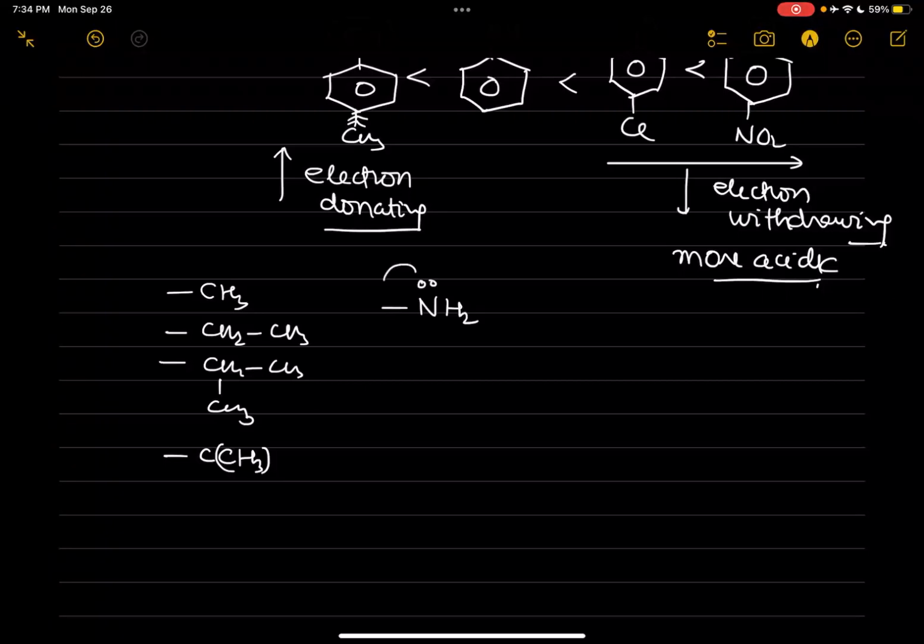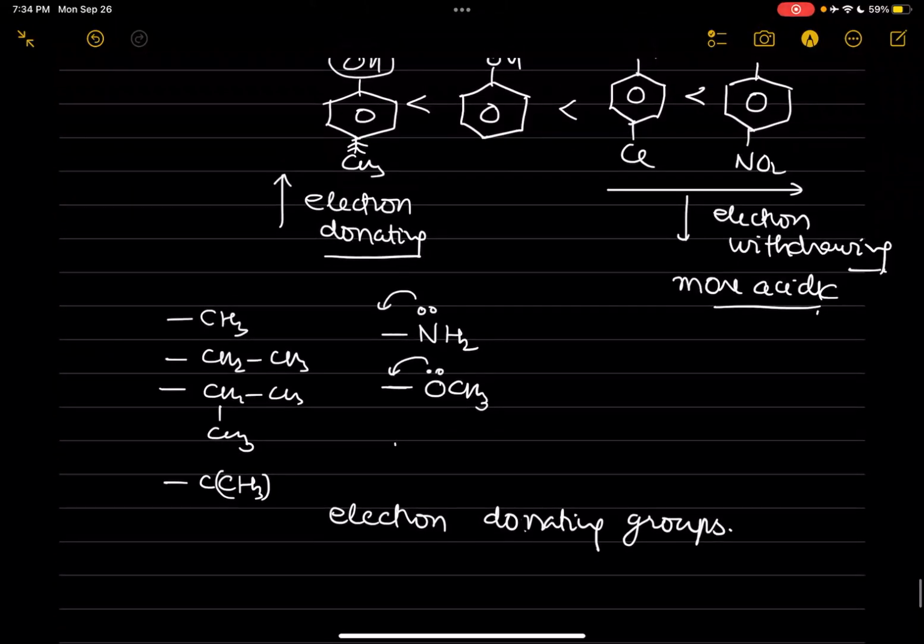They will give electron density to the benzene ring, by resonance. So these are electron donating groups. Right? Yes, sir.